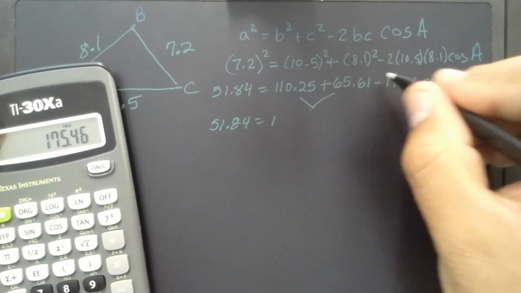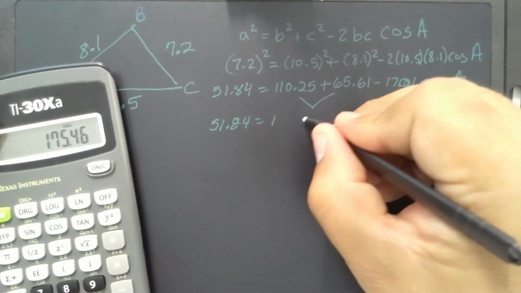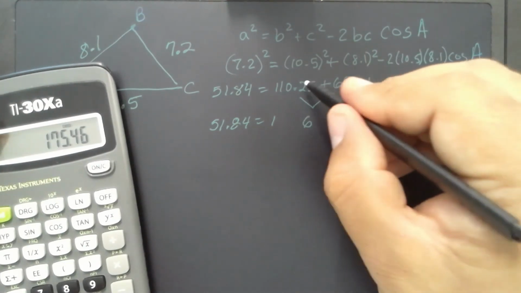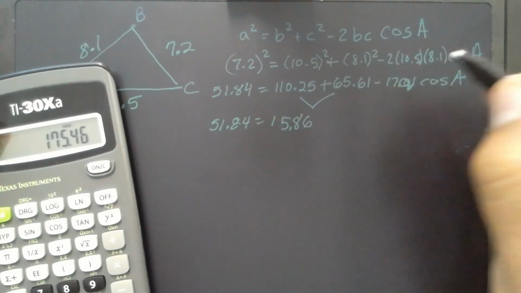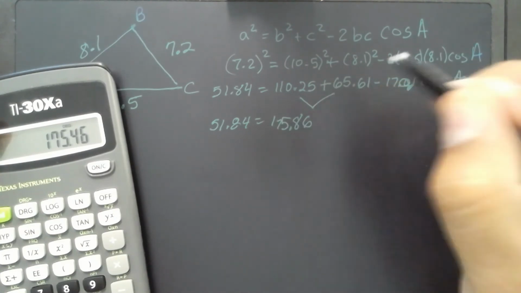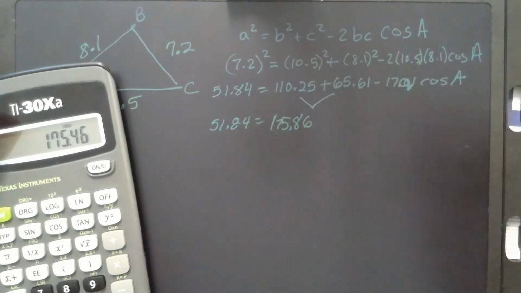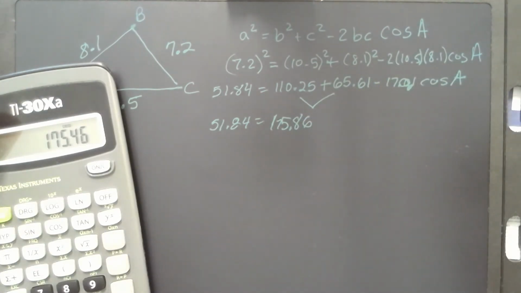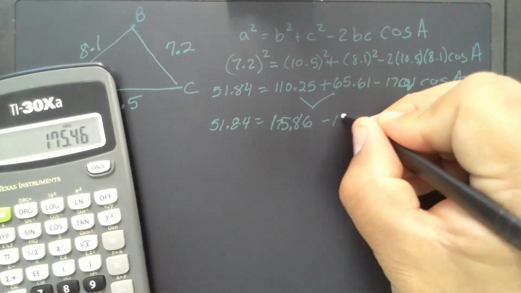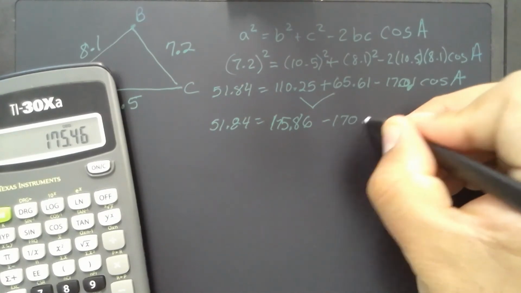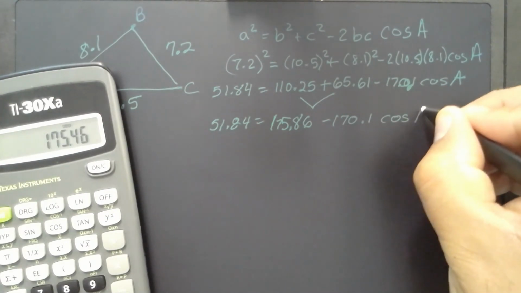Yeah, I messed up. Wait, how'd you get 40? This is what happens when you do mental math. Minus 170.1 cosine A.